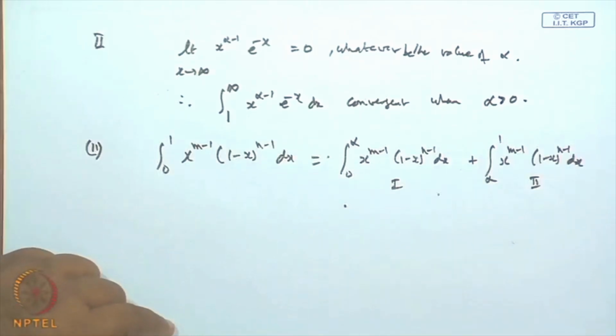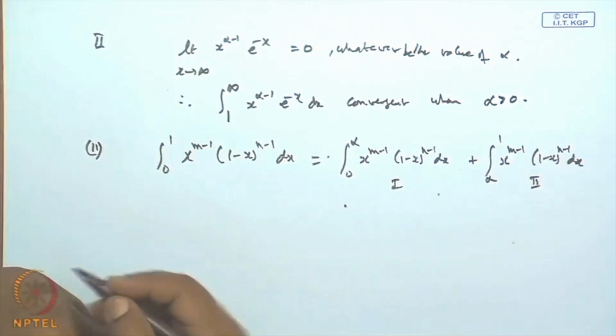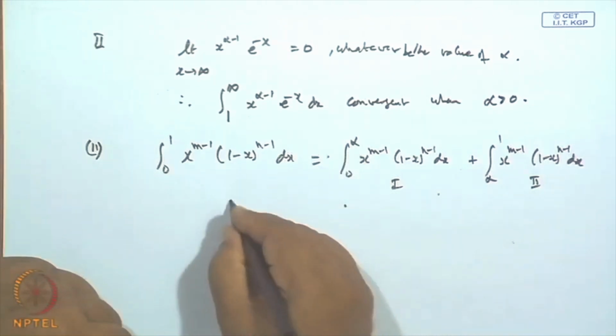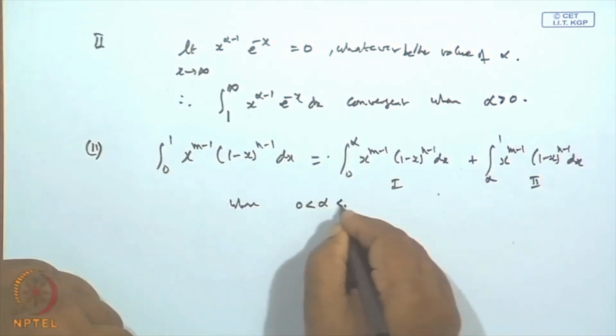We will look at the convergence of both integrals; only if both converge will this integral converge. Let us see the first, where alpha is obviously lying between 0 and 1.